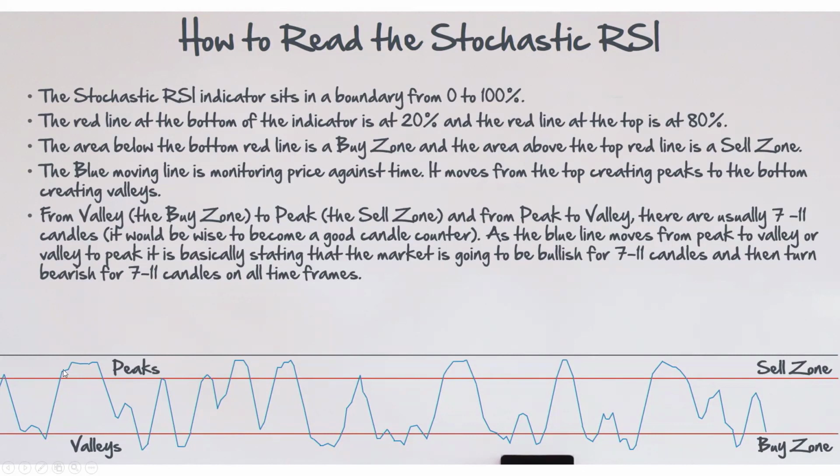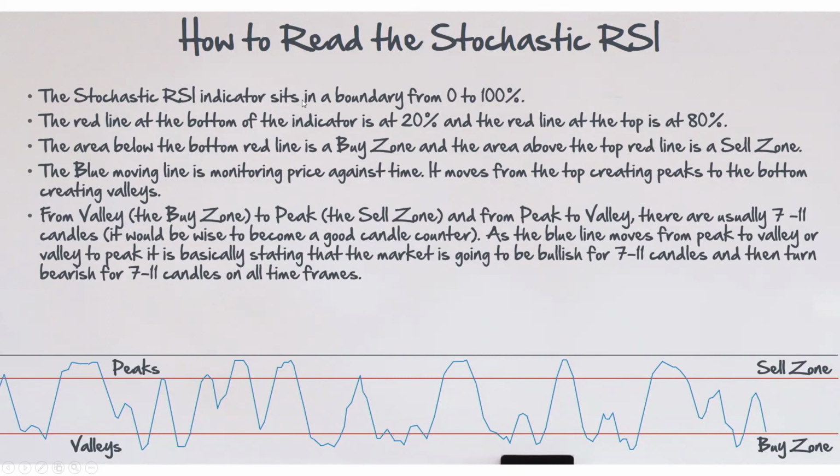When the market gets to the peak, it means that price is high, and because price is high, price is going to fall. You know the factors that affect demand and supply, right? So when price is high, market is going to fall. When price is low, market is going to rise. So the valley is the buy zone, while the peak is the sell zone.